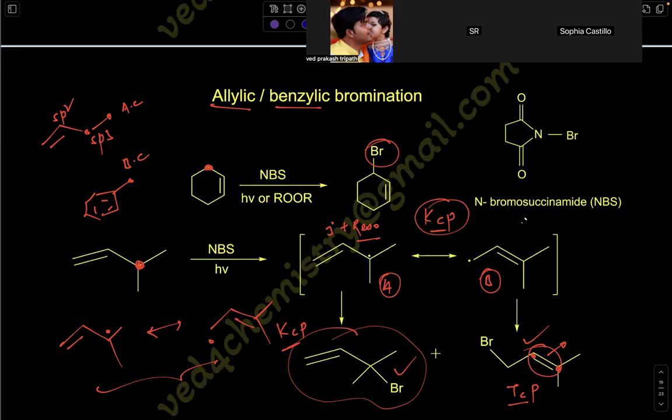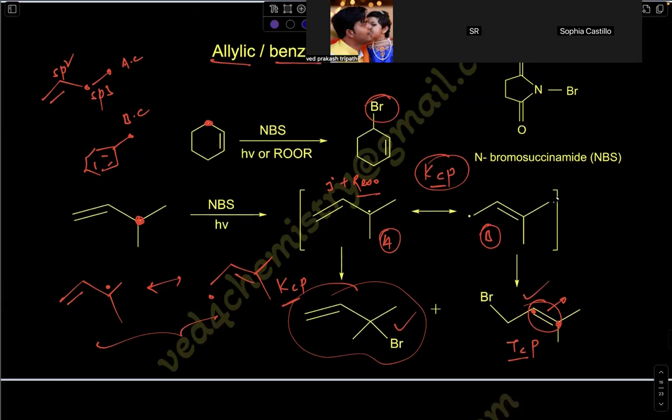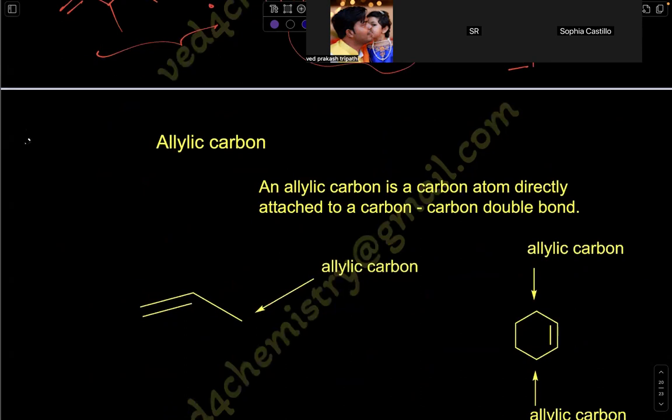It is more useful once you have a conjugated alkene, then you can think about KCP and TCP. KCP is when the reaction intermediate is more stable, and TCP, thermodynamic, is when the product is more stable.